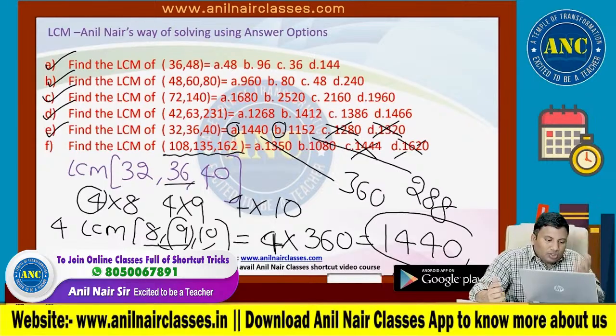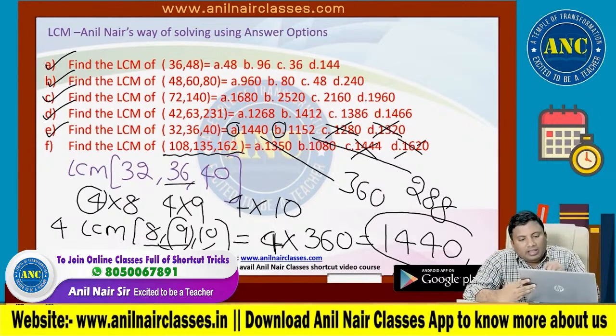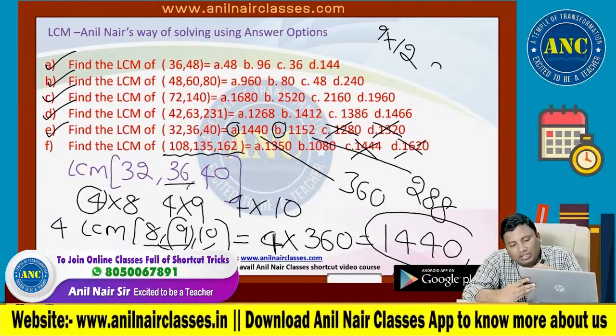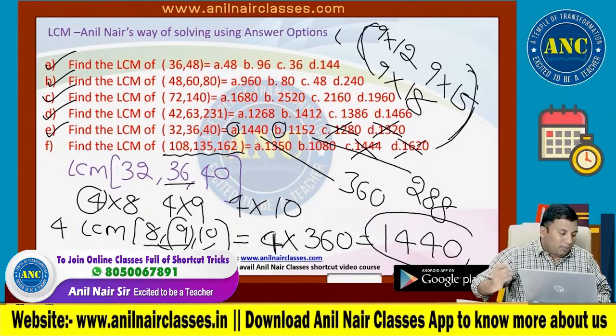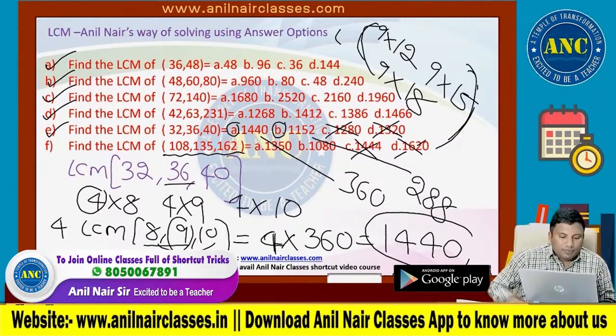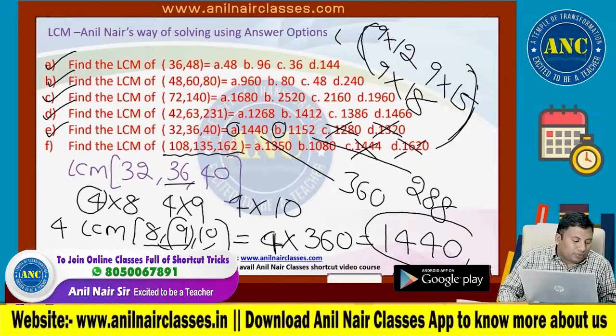Now what you can do is go by the traditional method. 9 2s are 108, 9 15s are 135, 9 18s are 162. Do the generic LCM. All the models with doubts are kept in the problems. 108, 135 and 162. Is it clear?